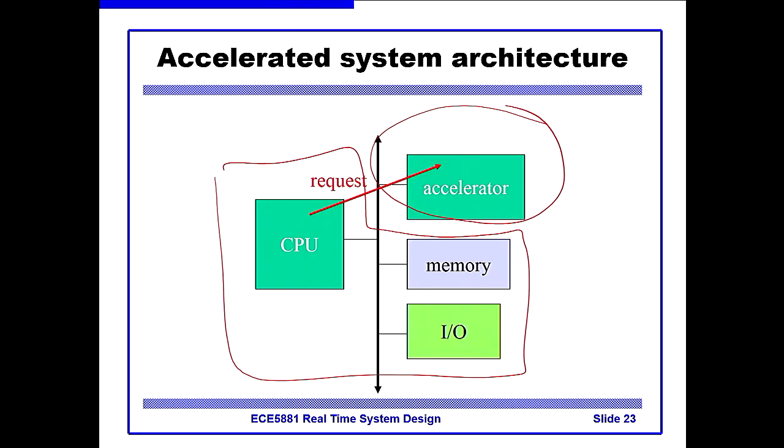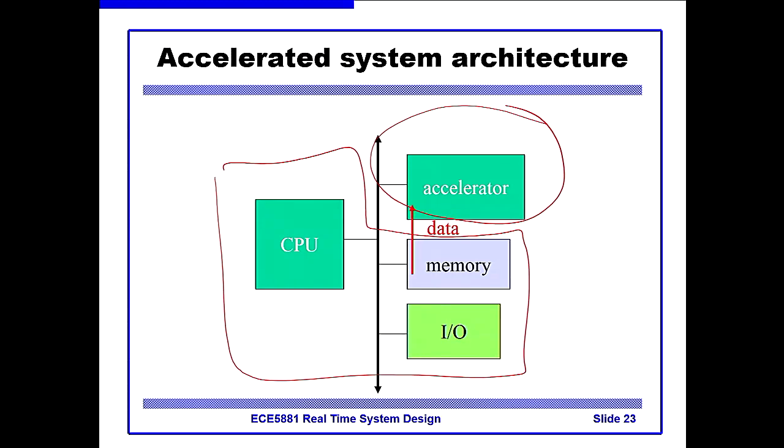When you write the software for the CPU, it will then issue a request, usually through a register on the address space on the bus. So the accelerator then may start its work, and that may involve DMA transfers from memory into its accelerator hardware.